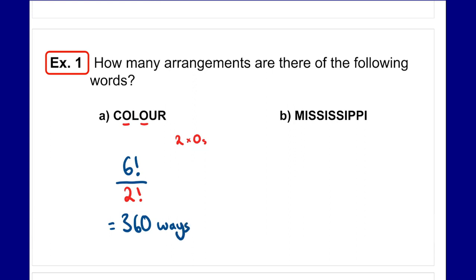Now, with Mississippi, there are multiple items that are the same. If I go through and look at it, I have 1, 2, 3, 4 I's, 1, 2, 3, 4 S's, and 2 P's. In total, how many items do we have?